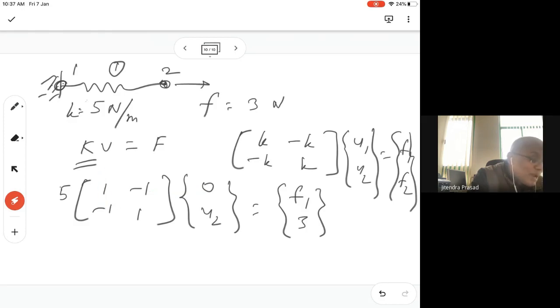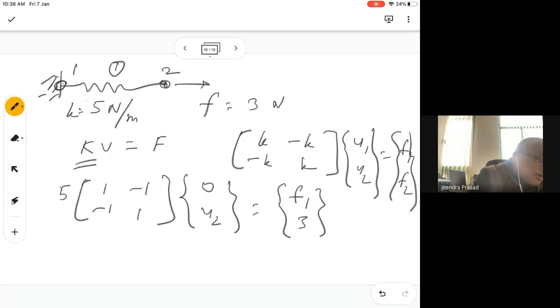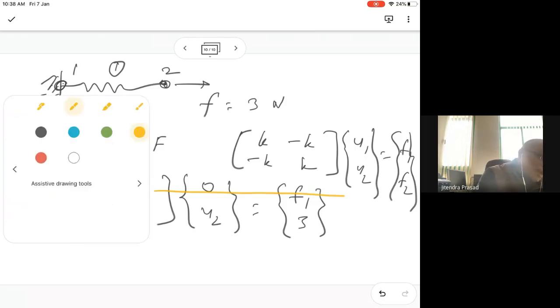Finally what you end up with is minus U2 multiplied by 5 equal to F1, where U2 is unknown and F1 is also unknown. It will not help you. So the first row and first column are useless right now, so we will not use them.